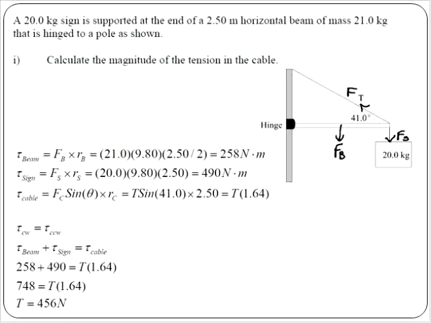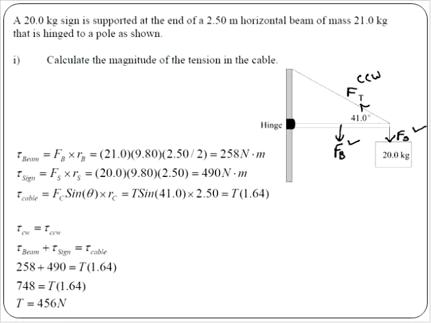Remember, clockwise equals counterclockwise. So the two clockwise ones were this force and this force. This guy here was counterclockwise. So that's why it worked out like that. So that's the magnitude of the tension in the cable.